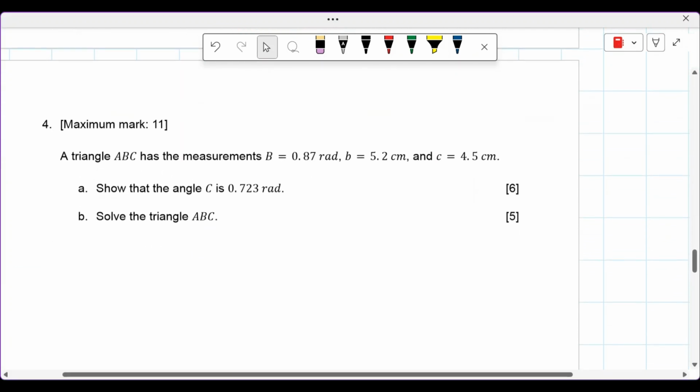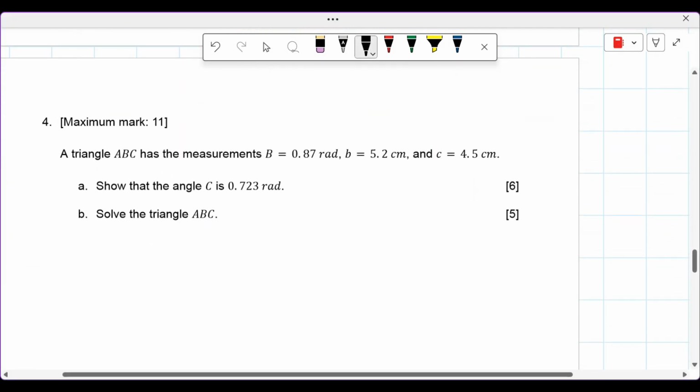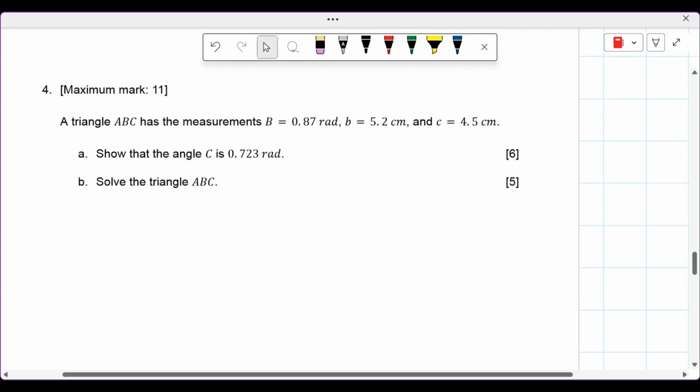Let's move on to question number 4. So starting here, we're going to use our calculators. The triangle ABC has measurements: B equals 0.87 radians, lowercase b is 5.2 centimeters, lowercase c is 4.5 centimeters. So the first thing that I know is, let's use the graphic organizer. A equals, B equals, C equals.